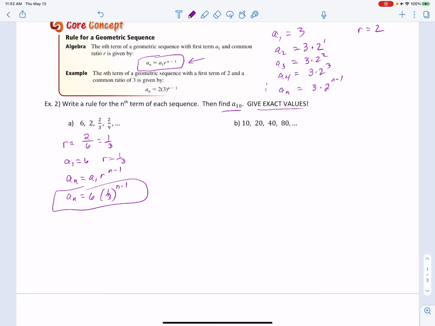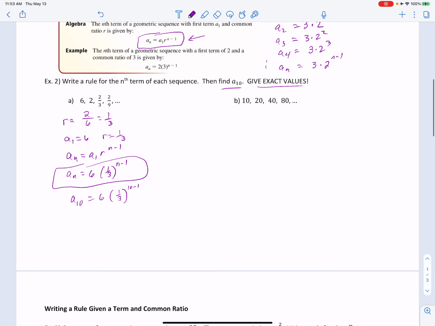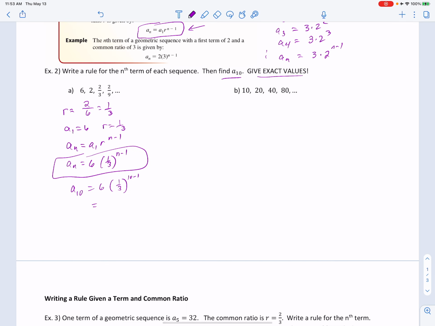So that is as simplified as that gets, and that's part of your answer. What is that general term? Then you need to find the 10th term. It's just a matter of plugging in 10 for n. Sometimes this requires some pencil and paper work to break it up individually. Sometimes they get too big for a calculator to switch to an exact value. We don't want a decimal approximation.